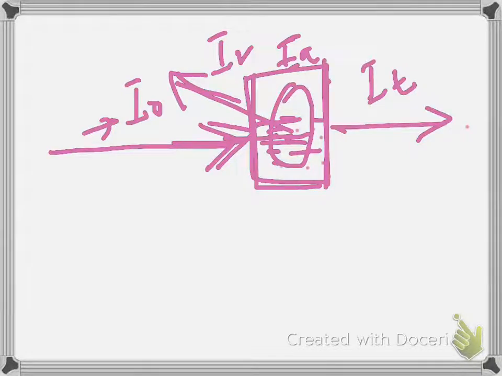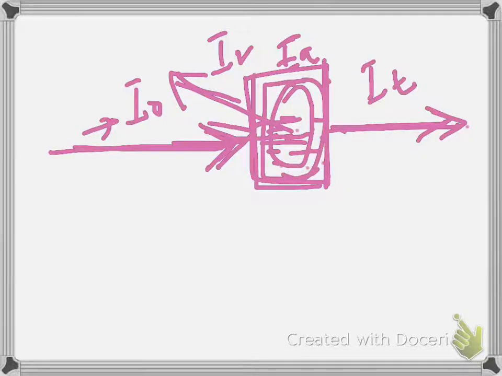The light that is not absorbed is transmitted through the solution and gives the solution its color. The color of the incident light should be complementary to the color of the solution.